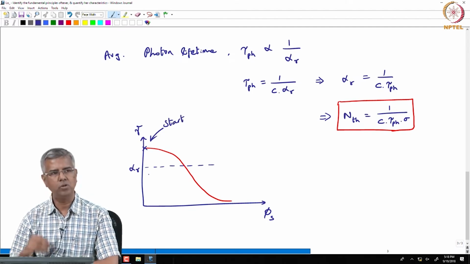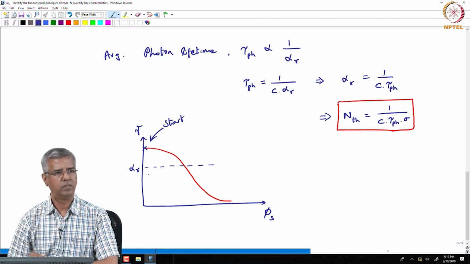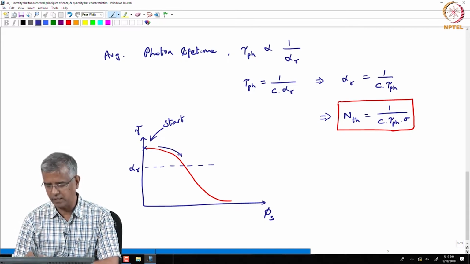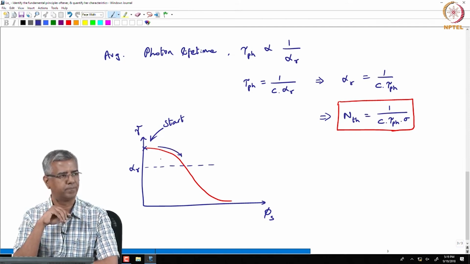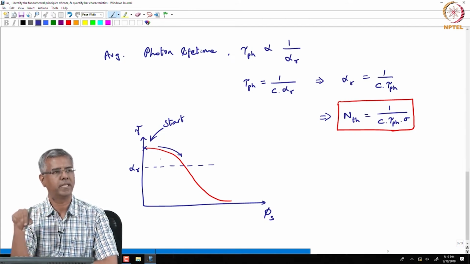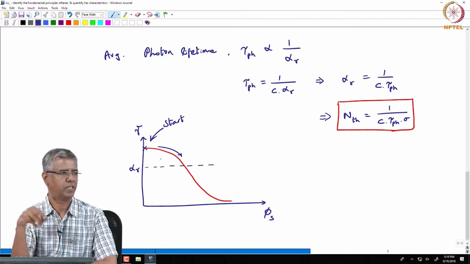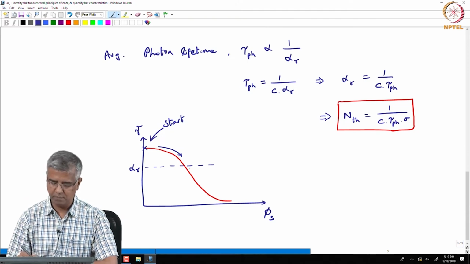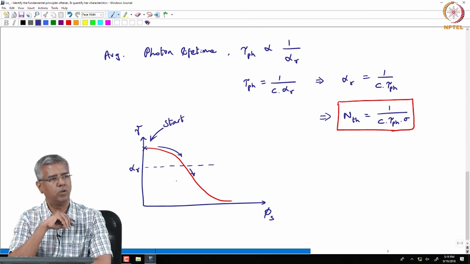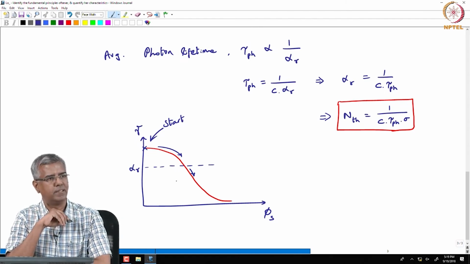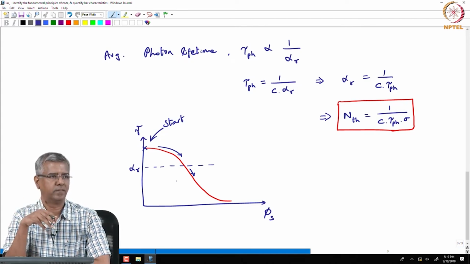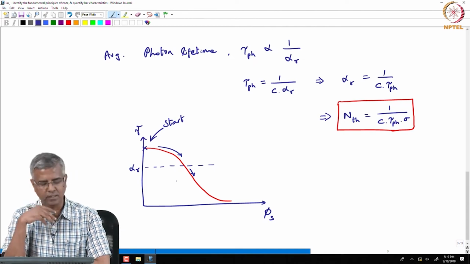But as you build up the photons inside the cavity, you are going to saturate the gain medium. So, the gain is actually going to decrease as you build up the photons inside the cavity, and it may decrease to a point even below alpha r, at which point your stimulated emission is not as much.